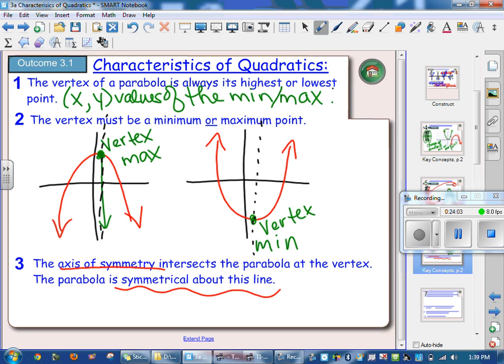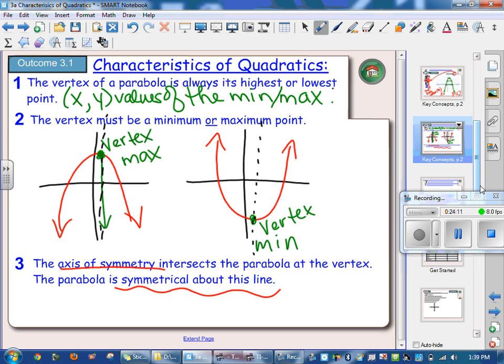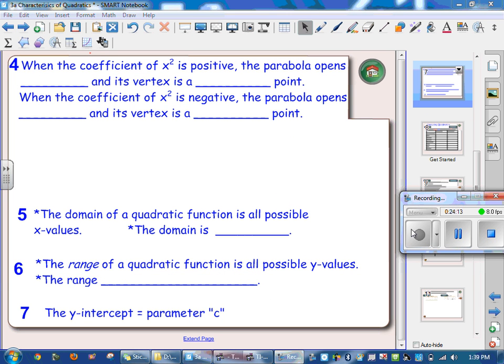Let's take a look at the rest of the features. It says when the coefficient of x squared is positive, that means the a value in front of our x squared. When it's positive, it's going to go up.